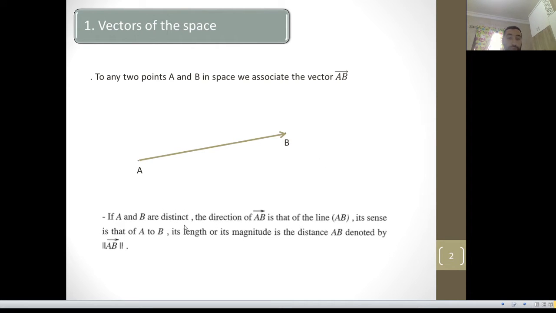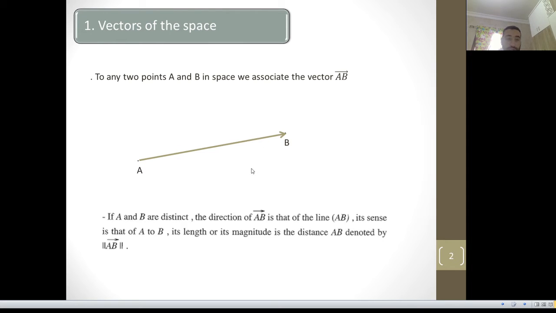If A and B are distinct, يعني far from each other, the direction of AB is that of the line AB from A to B. Its sense is that of A to B. يعني the direction is the line AB.